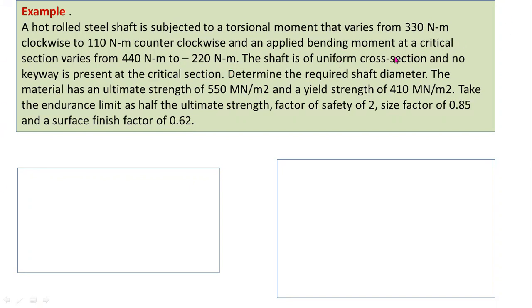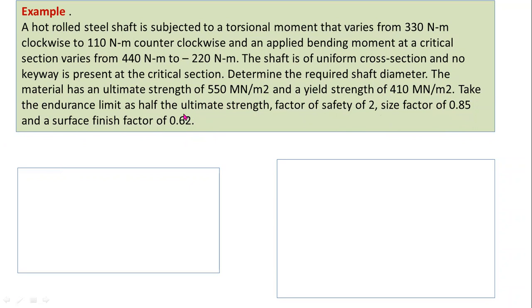The shaft is of uniform cross section and no keyway is present at the critical section. Determine the required shaft diameter. The material has an ultimate strength of 550 megapascal and yield strength of 410 megapascal. Take the endurance limit as half the ultimate strength. Factor of safety of 2, size factor of 0.85, and a surface finish factor of 0.62.